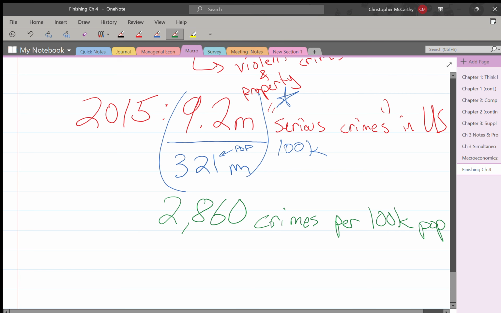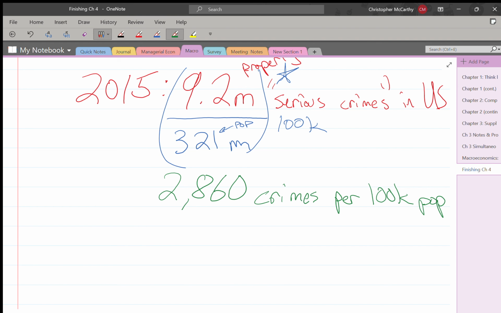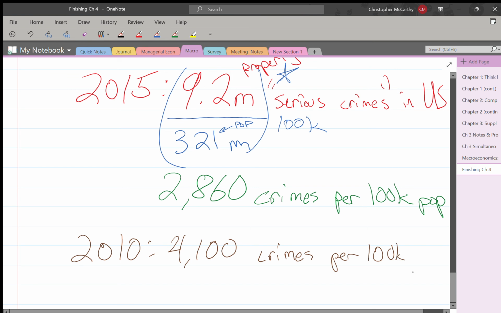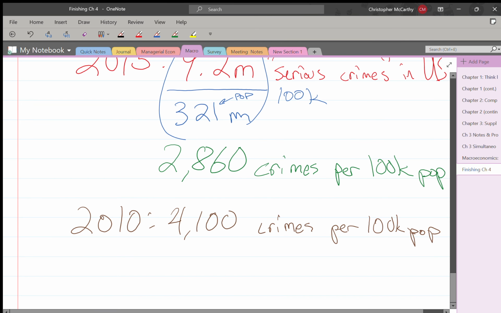And so this rate was a substantial drop from the 2010 values of 4,100 crimes per 100,000 people. So in general, if we talk about aggregation, we would say that crime went down, that these policies have been reducing serious crime. That's the big picture.